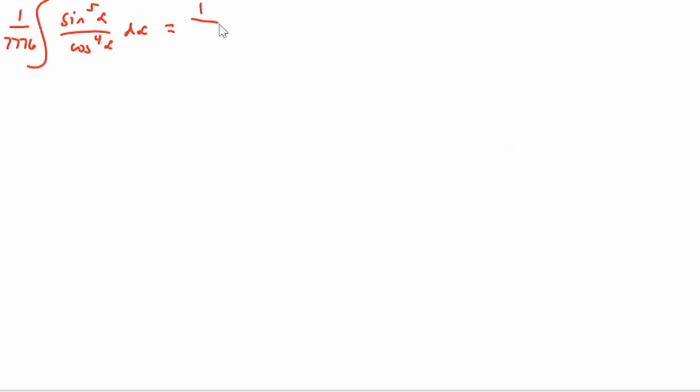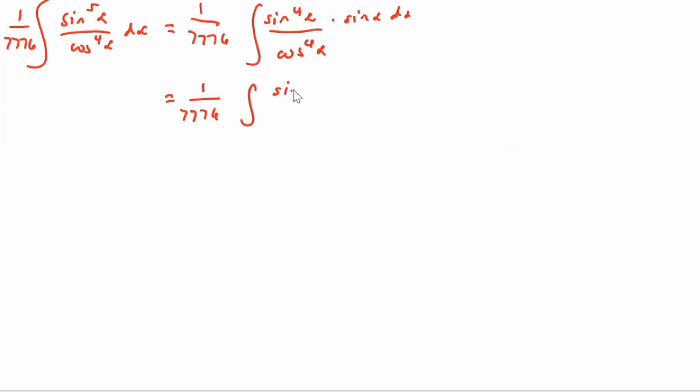So we can write now 1 over 7,776 times sine to the fourth power of alpha times sine alpha d alpha over cosine to the fourth power of alpha. So we are going to factor further the sine to the fourth power of alpha, and that can be written as 1 over 7,776 times sine squared alpha to the power of 2 all over cosine to the fourth power alpha times sine alpha d alpha.